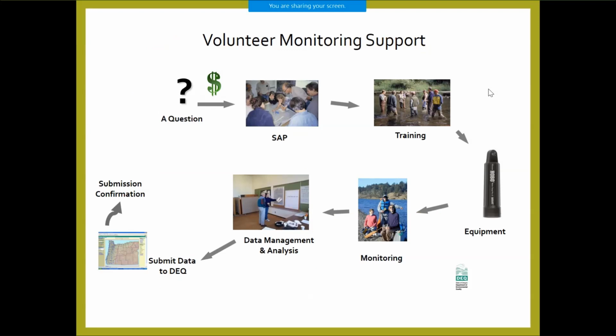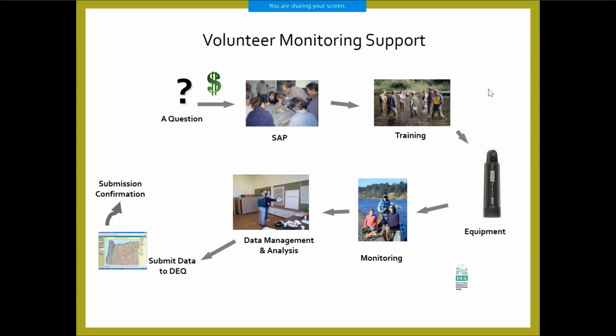This is a flow chart of where the volunteer monitoring support exists, and to be perfectly honest, it exists in every step of this flow, from providing advice for any kind of monitoring questions you might have, and then after OWEB grant funds have been approved, we're highly involved in the sampling analysis plan development.